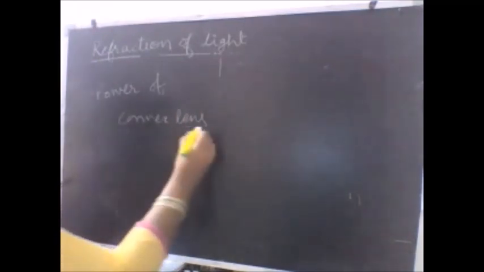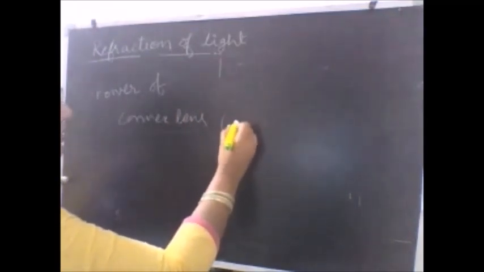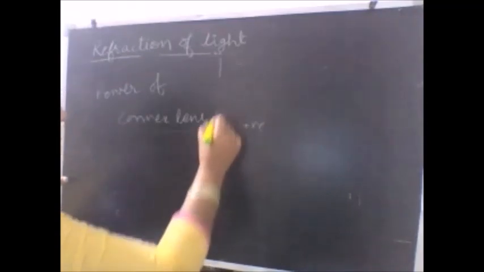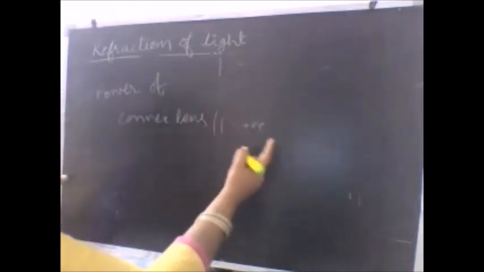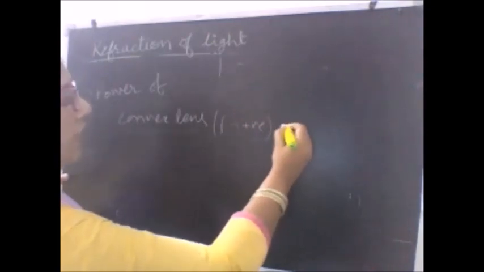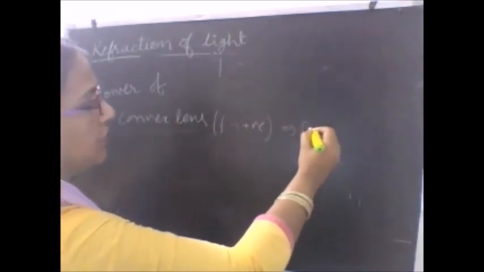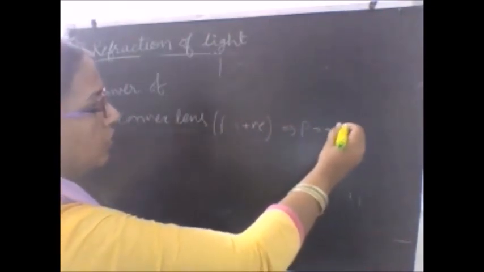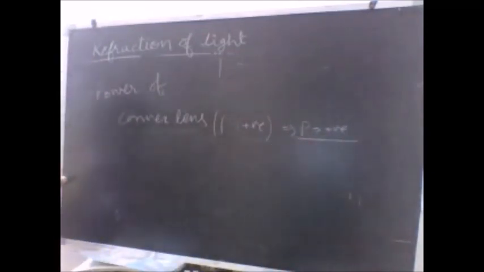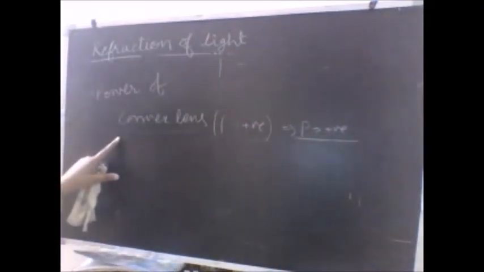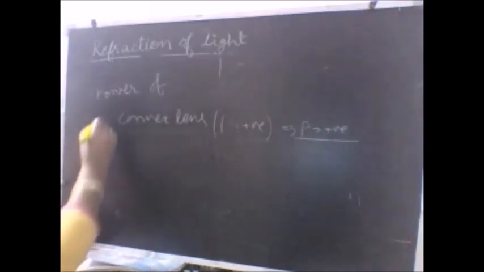Since the convex lens has a positive focal length, why positive? Since it is a converging lens and we have just proved that focal length is positive, that implies that power is also positive. That means power of a convex lens or converging lens is always positive.